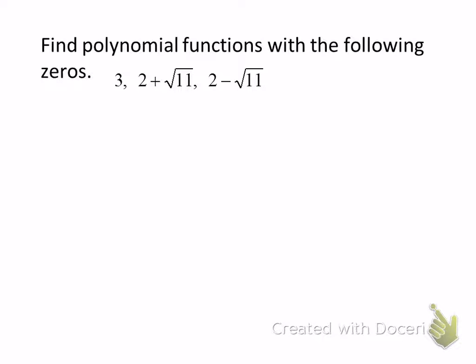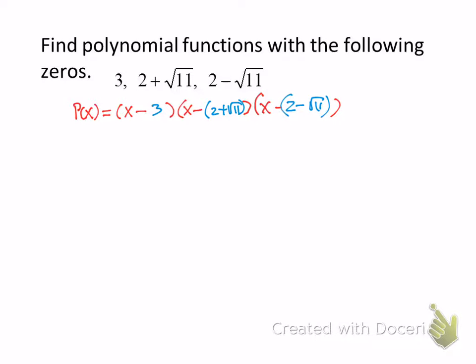All right, I'm going to start with my x minus and x minus and x minus, okay? Then inside there, I'm going to put my 3 and my 2 plus rad 11 and my 2 minus rad 11.